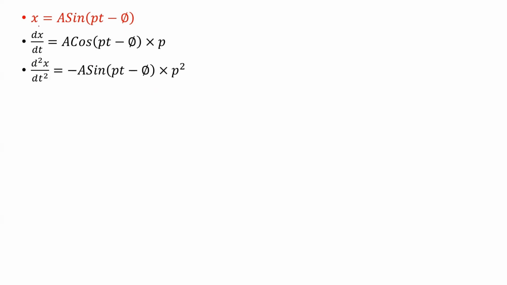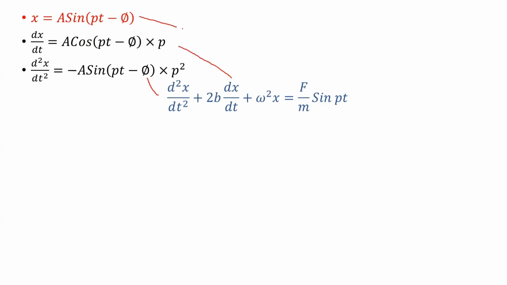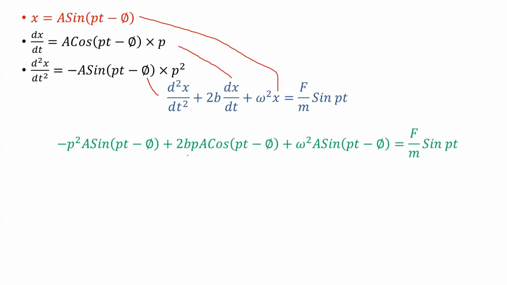Now we are substituting these values in the above equation. Then what is the equation? We are replacing d square x by dt square with this value, dx by dt with this value, and x with this value. If you substitute there, then this is the equation.